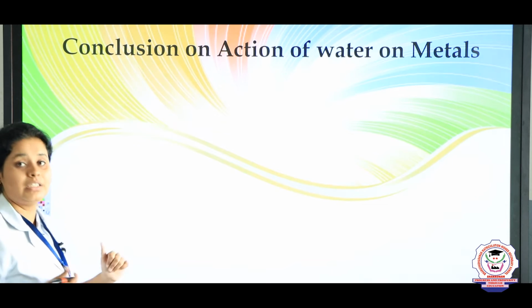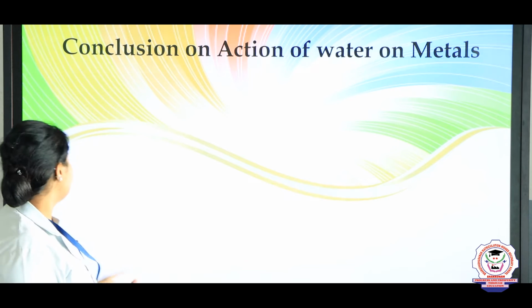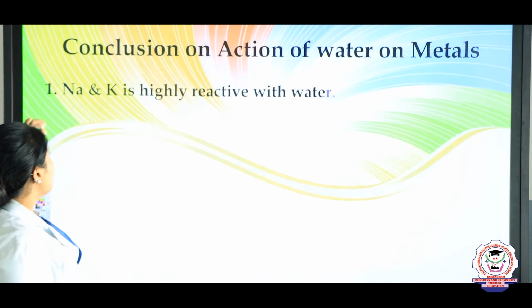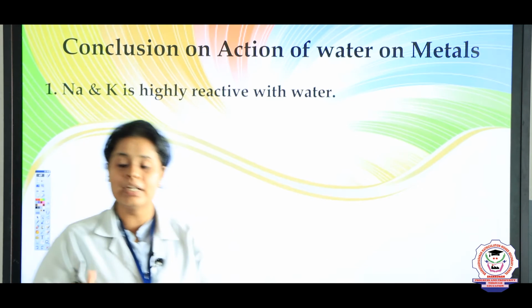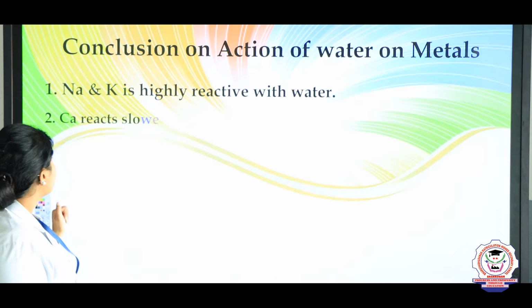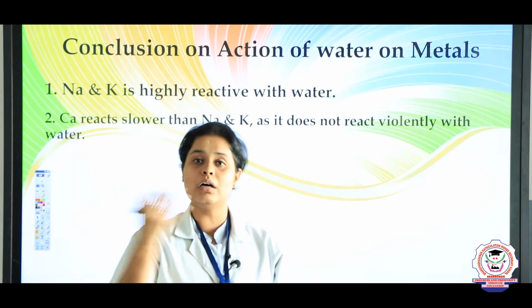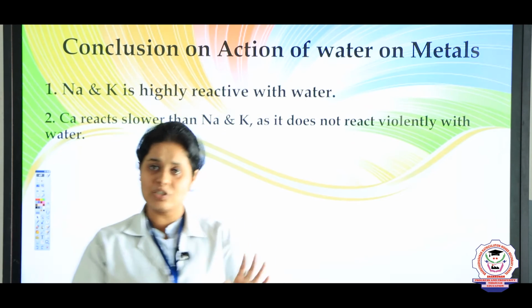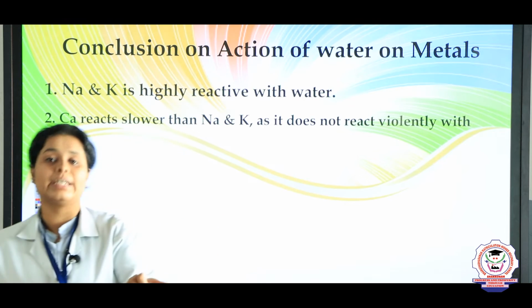Now let's see what are the conclusions drawn from reaction with the metals and the non-metals. First, with the metals, potassium and sodium are very reactive. You saw that, right? There was fire coming out of them. Now calcium. When you compare calcium with sodium and potassium, the reaction is happening, but it is a little bit slow, or you can call it moderate.